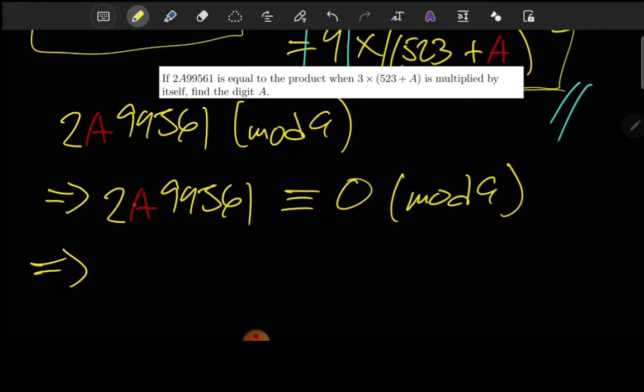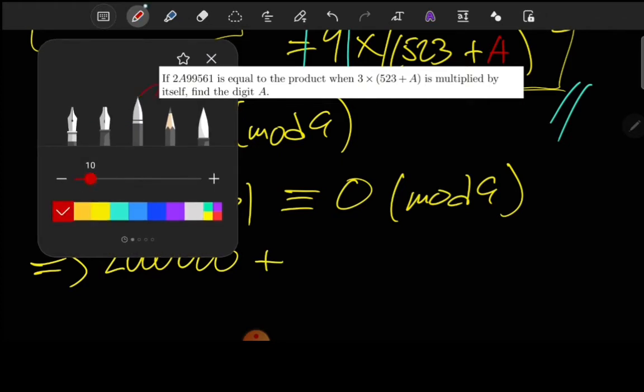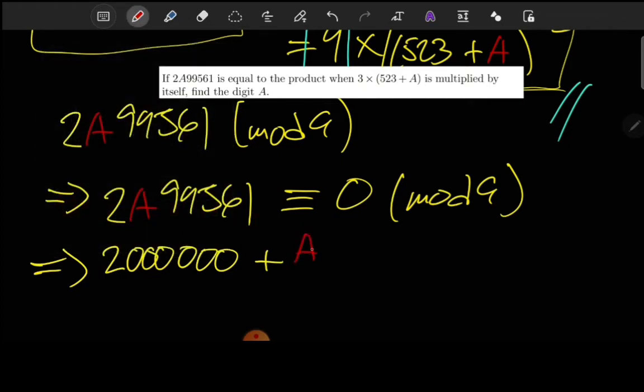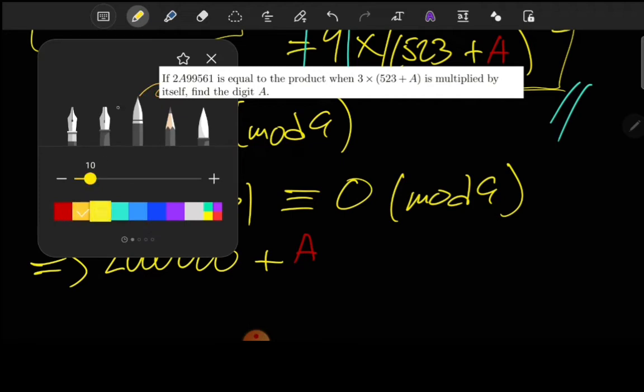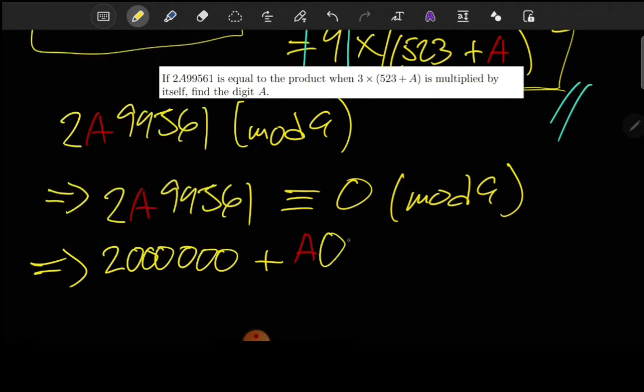We have 1, 2, 3, 4, 5, 6, 7. So 2 is the million digit, so it becomes 2 million plus a times 100,000.